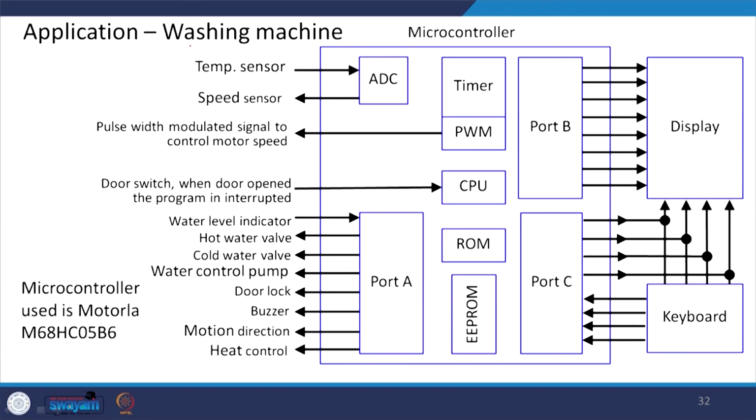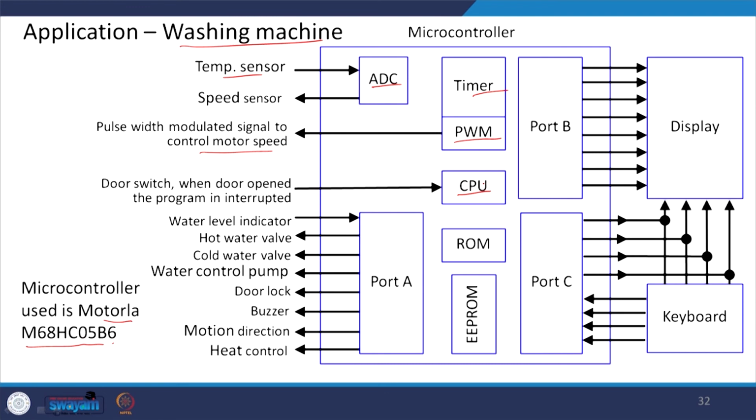The next application of the microcontroller we can see in a washing machine, which uses the Motorola M68HC05B6 microcontroller. Here we have the temperature sensor and speed sensor connected to an analog to digital converter. You have the timer, and pulse width modulation to control the motor speed.